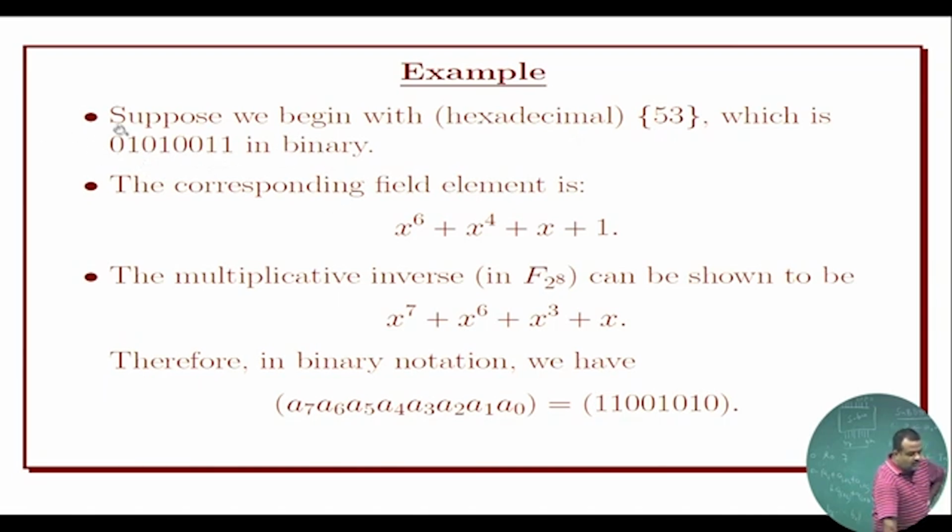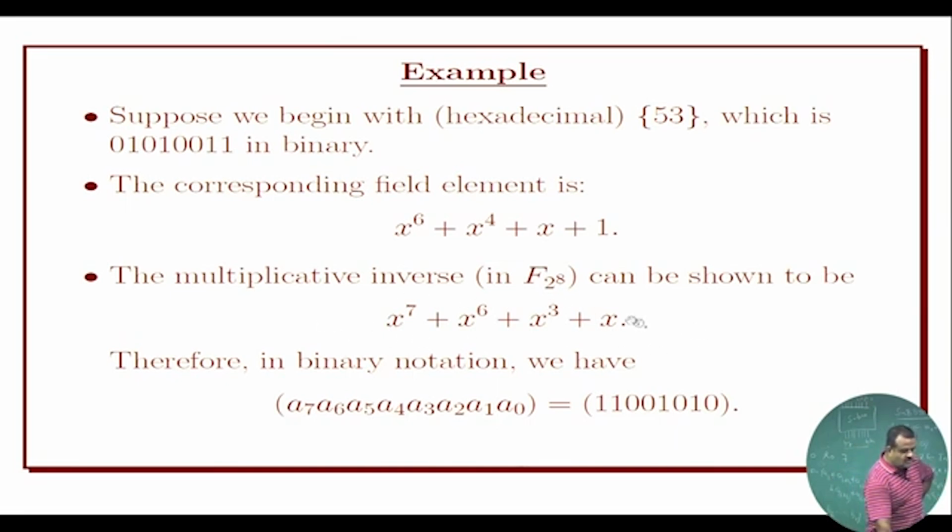Now, if we convert into a field element, it is 1 plus x square plus x to the power 6. This is the field element corresponding to these binary bits. Now, we have to invert this. This is a non-zero element in the Galois field, so it has an inverse, and we calculate the inverse. You can check by multiplying these two modulo that irreducible polynomial, and we can check this is 1. So, this is the inverse.